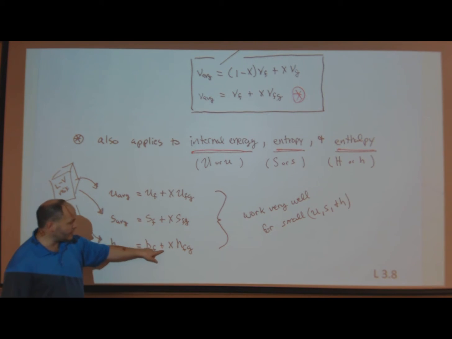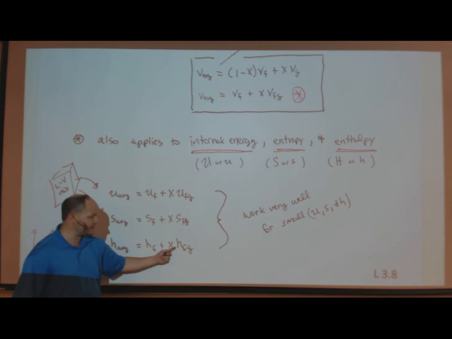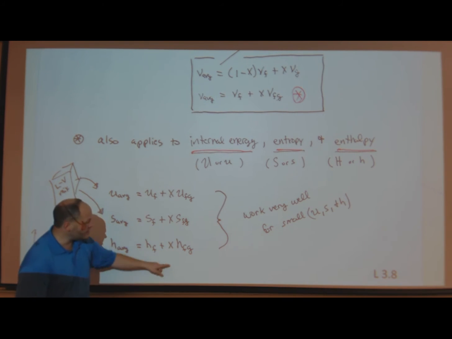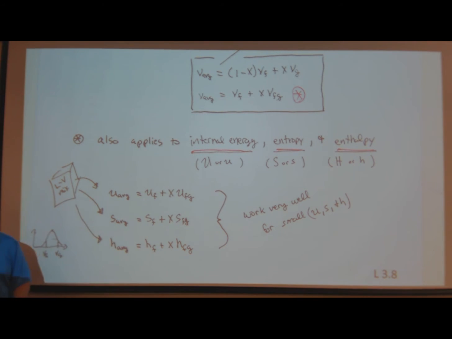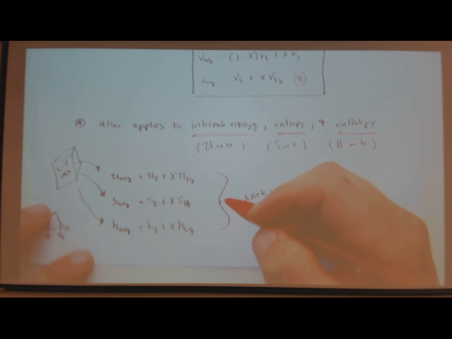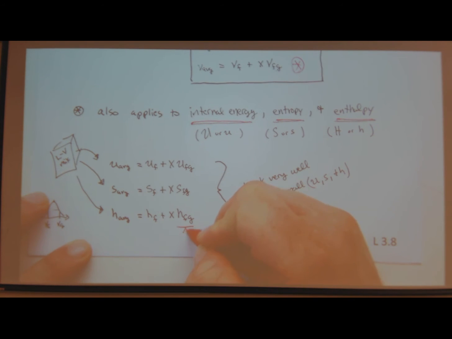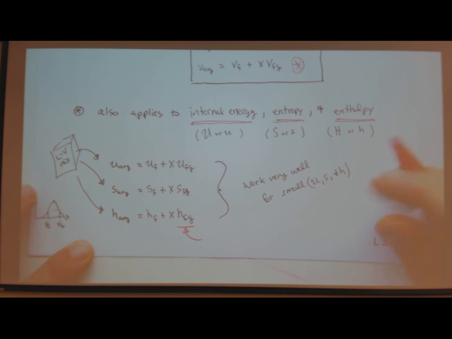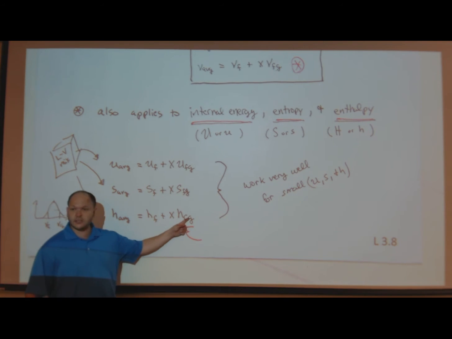And I take the value for the fluid times 0.9 plus the vapor value times 0.9 times this. This value here, what is related to phase change? Does anybody know? HFG? Anybody know what HFG is?